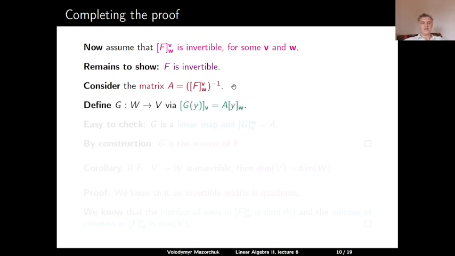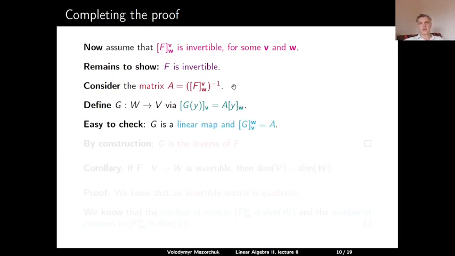Define the map G from W to V as follows. If we take an element y in W, then the coordinates of G of y with respect to the basis V are by definition equal to the product of A and the coordinates of y in the basis W.